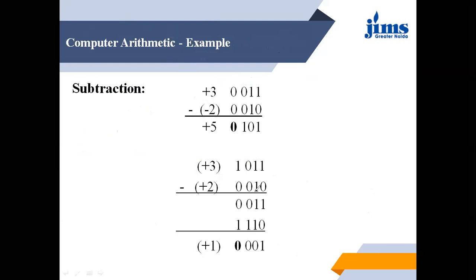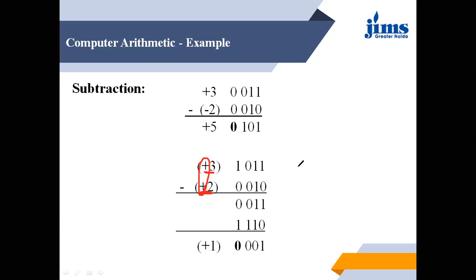In the second example, this is +3 and this is also +2, which means the signs of the two numbers are the same. So now we have to apply the second rule, and the rule tells that when the signs of both numbers are the same, we have to check the magnitude of both numbers first.